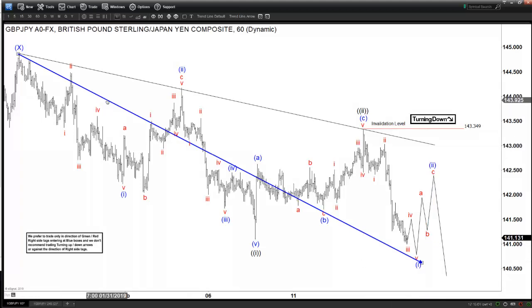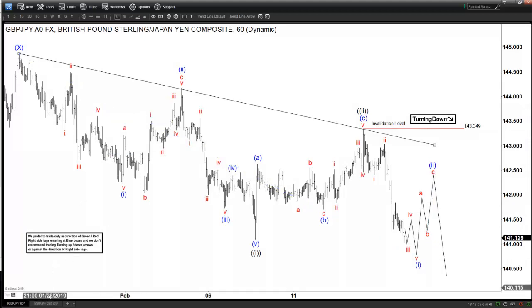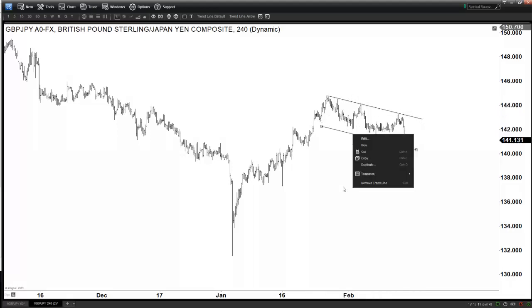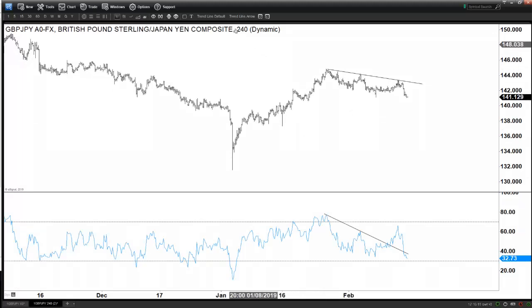The reason that I think this is less likely is because if you look at the higher degree time frame, I will go to the 4-hour chart now. This is the 4-hour chart. Even though the price looks to be holding this channel in price, if you look at the momentum, you can see that the momentum has a decisive break above this channel in the momentum.